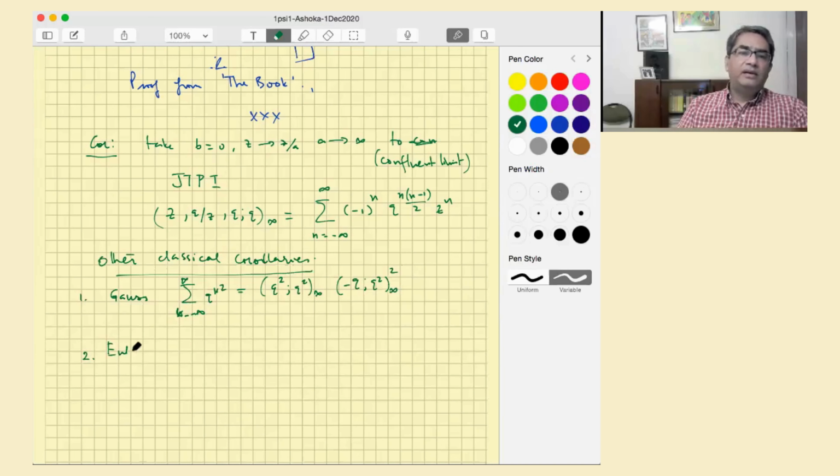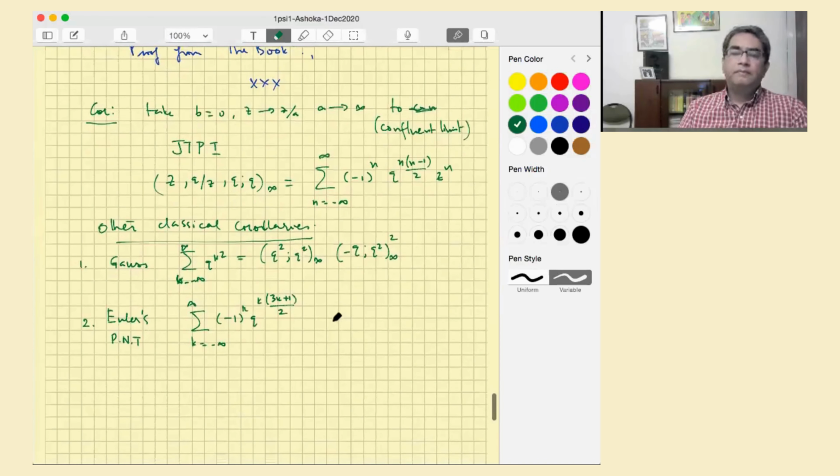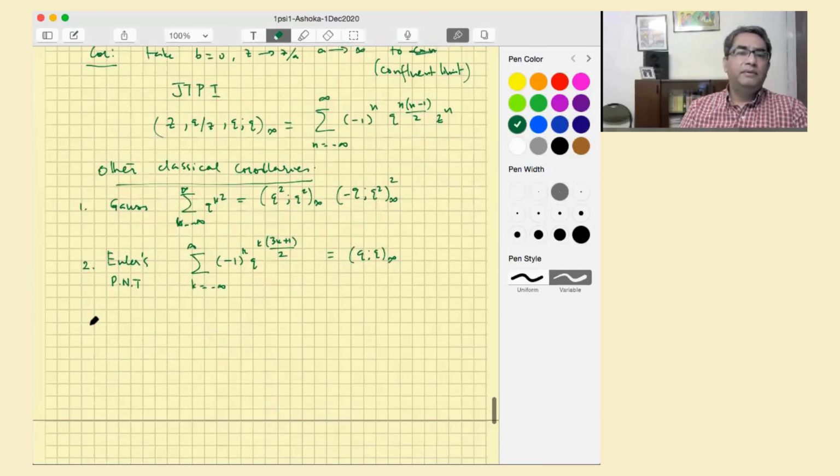This is Euler's pentagonal number theorem. This is the famous pentagonal number theorem.